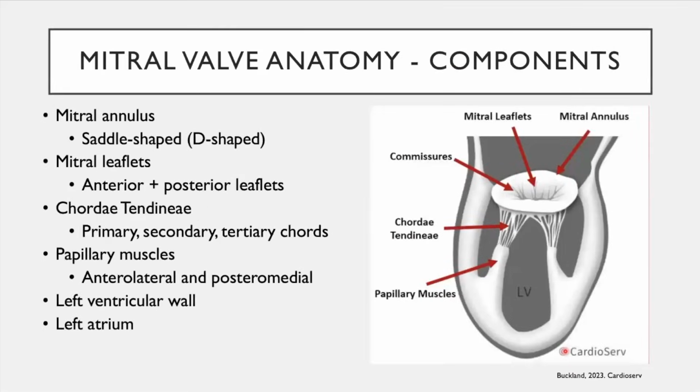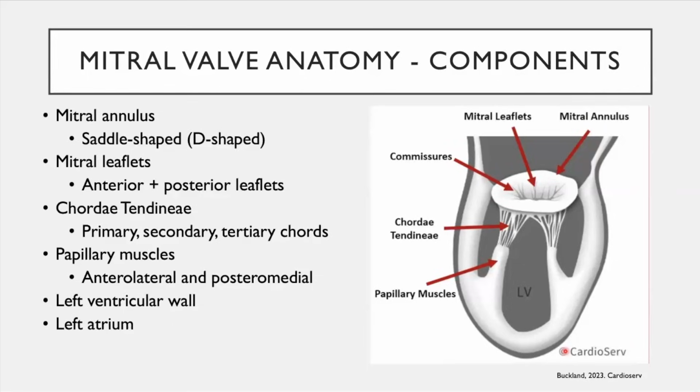All right. So just as an introduction, we're going to talk about a bit of the mitral valve anatomy, as it is important as we get into discussing mitral valve prolapse. So the mitral valve anatomy is a bit complex and involves more than just the mitral valve leaflets. It includes the mitral valve annulus, which is a saddle-shaped or D-shaped annulus. It contains the mitral leaflets, which consist of the anterior leaflet and the posterior leaflet.